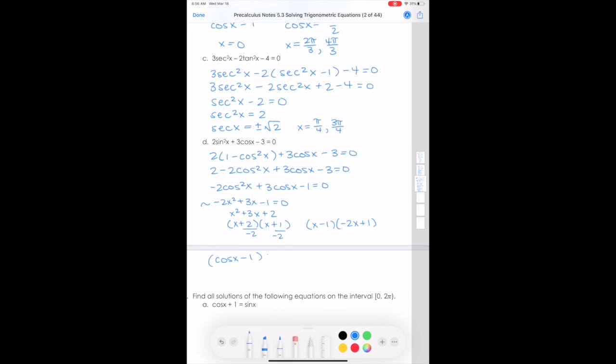So I made it cosine x minus 1 and negative 2 cosine x plus 1 equals 0. So those are my two factors that I set equal to 0 and solve. So cosine equals 1 when x is 0. And cosine x equals 1/2 when x is pi over 3 and 5 pi over 3.